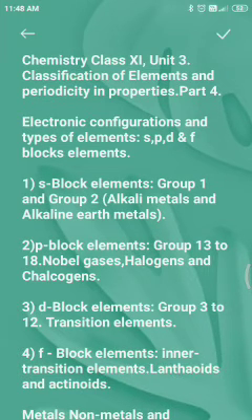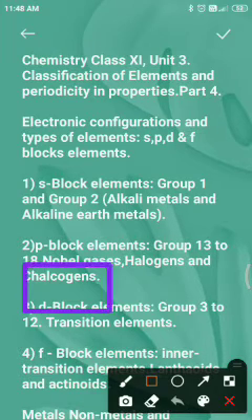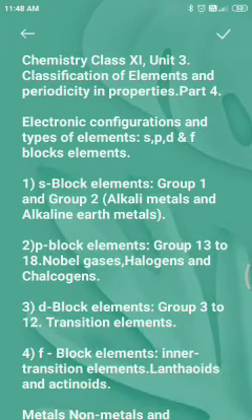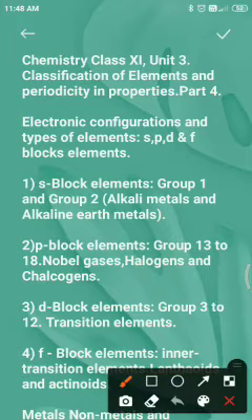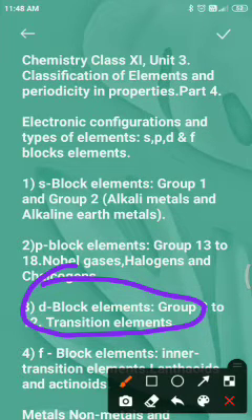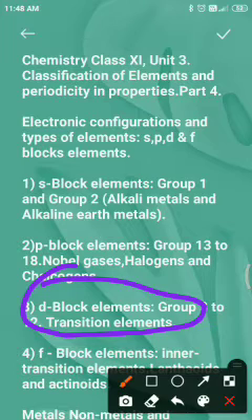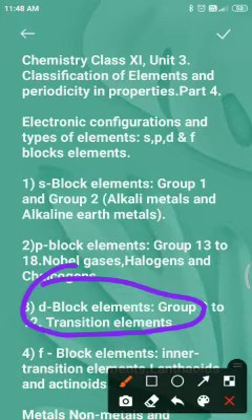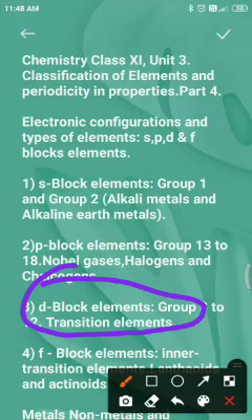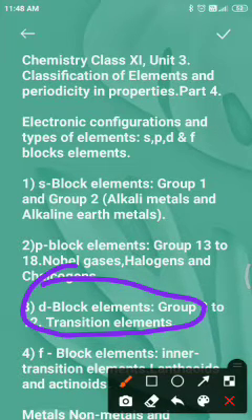The third block is the d block. D block elements are also called transition elements, located in groups 3 to 12 in the center of the periodic table.